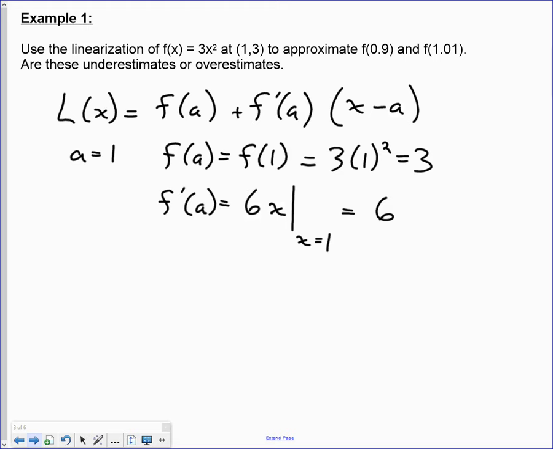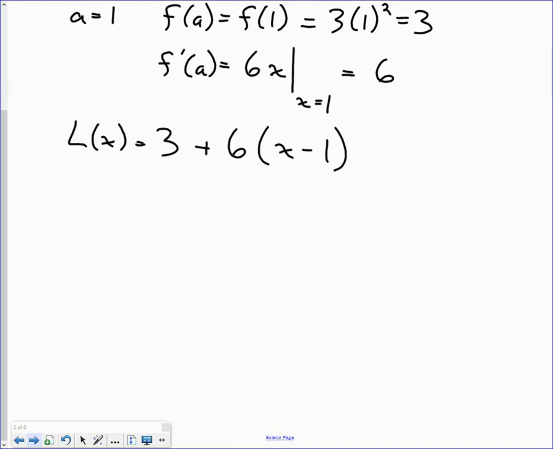Okay? So our linearization equation is L at x equals, f at a is 3, f prime at a is 6, and then x minus our a value, which is 1. Now, if we want to simplify this a little bit, we could do 3 plus 6x minus 6, and we could get 6x minus 3 as an equivalent expression. So we've got our linearization.